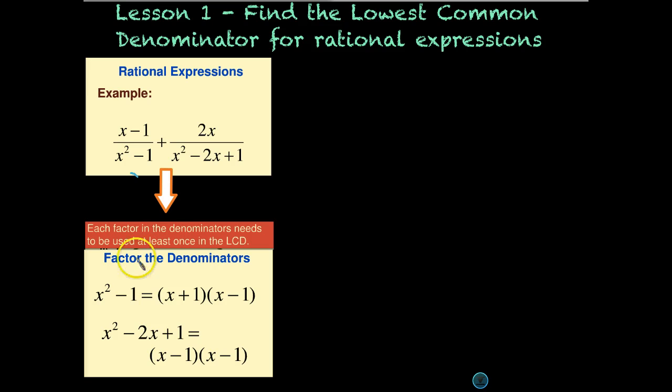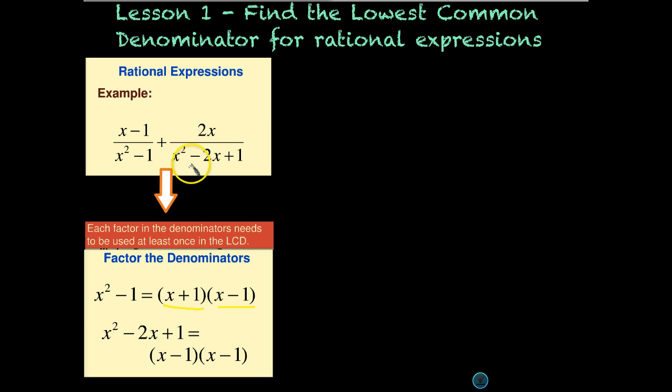Well, hopefully you can remember that this is a difference of squares. X squared is a perfect square and 1 is always a perfect square. And remember that a difference of squares factors into the sum and difference of the square root of each. So x squared minus 1 factors into x plus 1, x minus 1. That's our difference of squares.